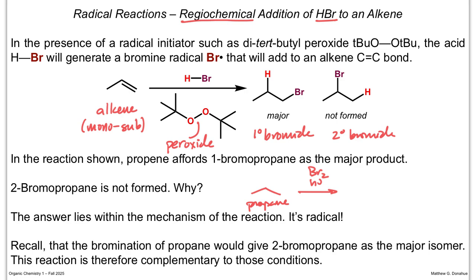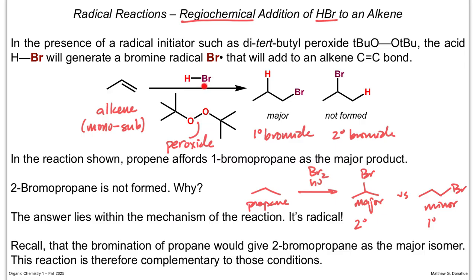The secondary CH bonds are weaker, and then paired with bromine, we know that there's going to be selectivity to substitute at the secondary position. So the conditions we first learned give you the more substituted halogen. Now these conditions give you the lesser substituted as the major product. And that all relates to the radical mechanism.